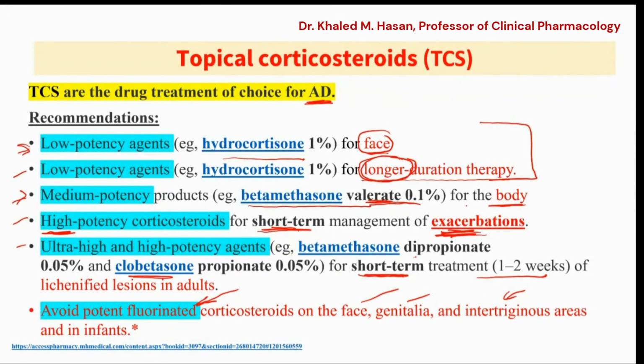Which medication do we use for exacerbation short-term? Which medication do we use for severe lichenified lesions in adults? This is important because the face is a very important part of the body, and a lot of people, especially small children, come in with atopic dermatitis on the face.